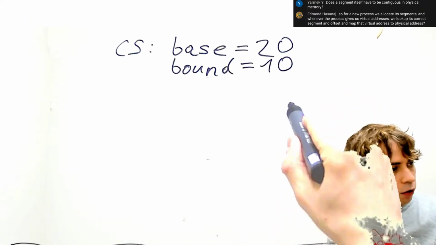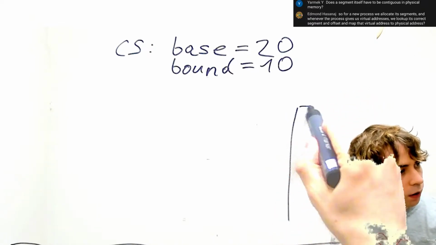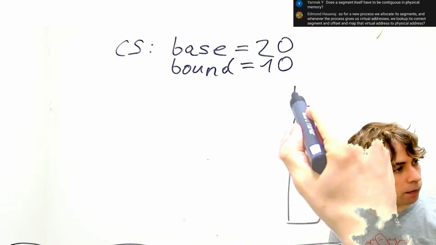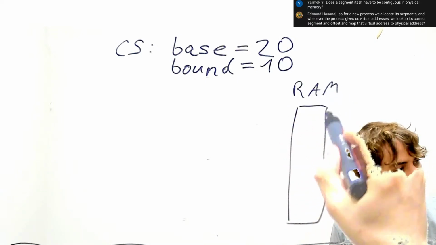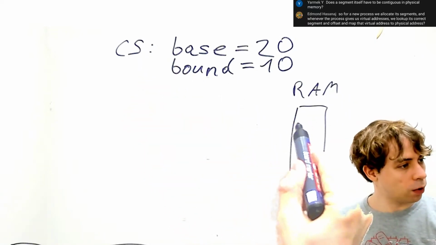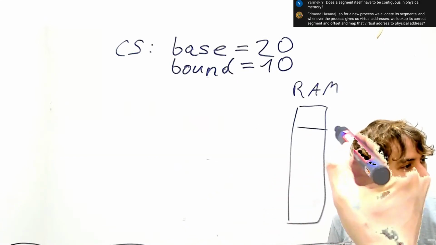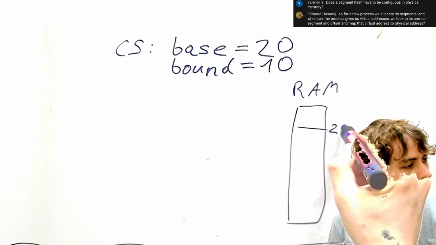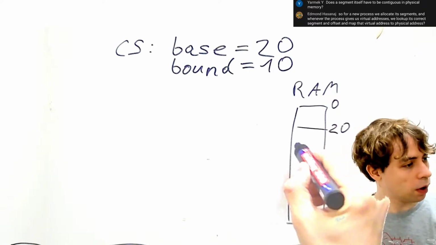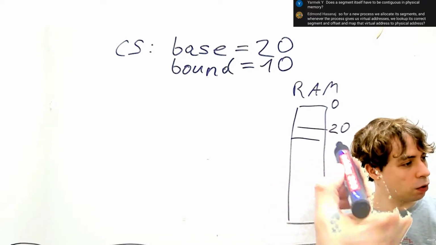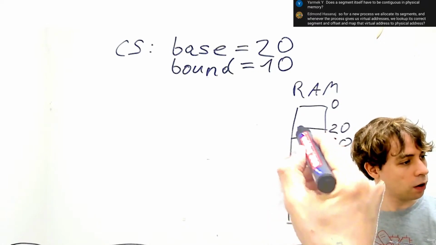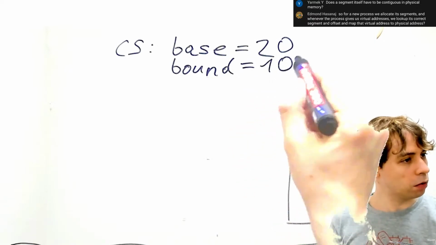So let's take a look at the RAM now. This is the RAM. This segment would go from here. This is 20. Here we have 0. And it would go to 30. So this would be the code segment.